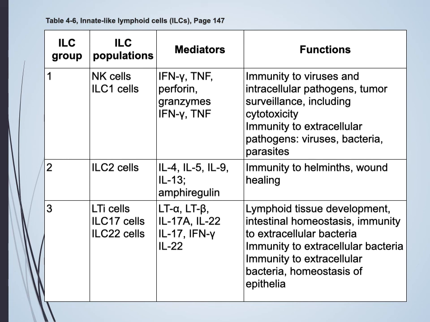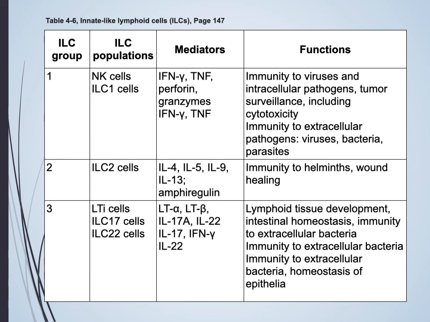So this is just looking at 3 of the different groups, so they can be grouped, and then the different populations. So there's NK cells, and then there is innate lymphoid cells 1, 2, there's ILC1, and then there's 17 and 22.